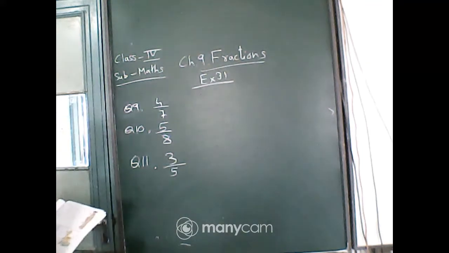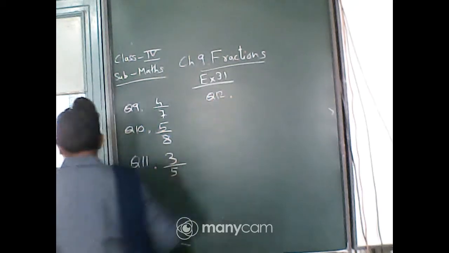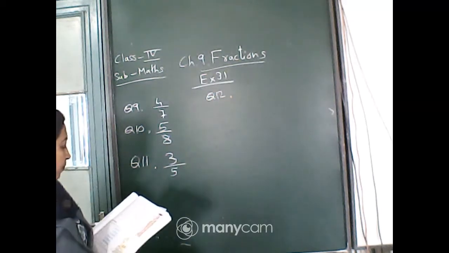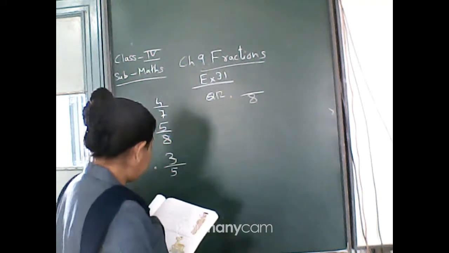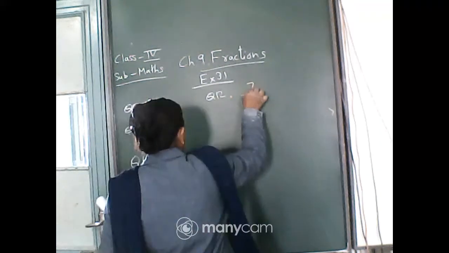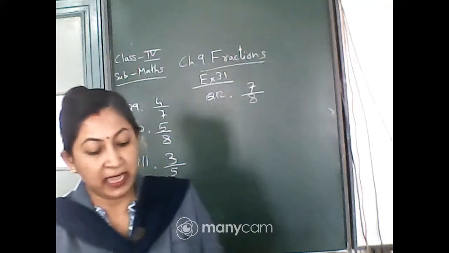So it is 3 by 5. Number 12, it is divided into 8 parts, and B is in the 7th one. So it is 7 by 8.